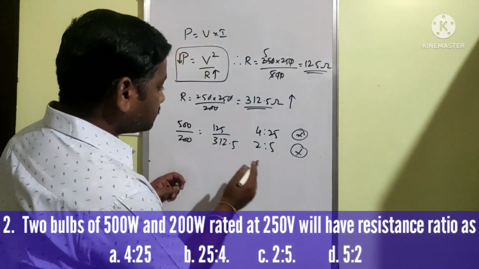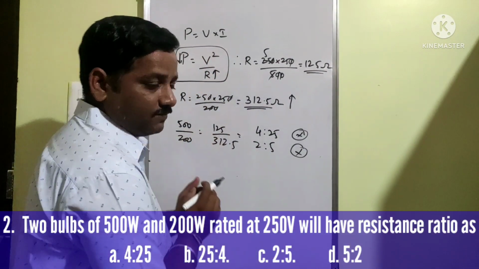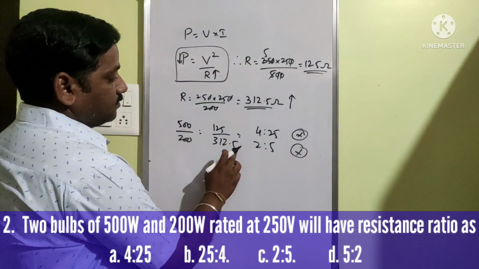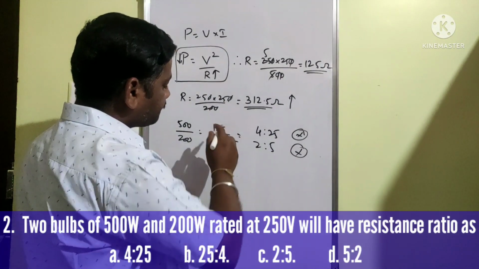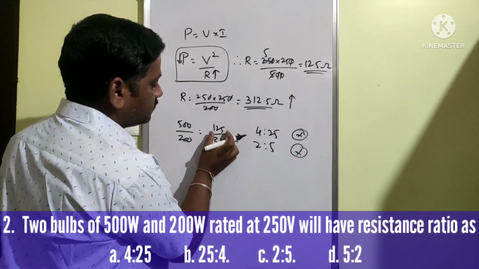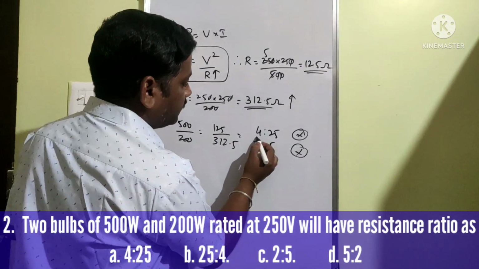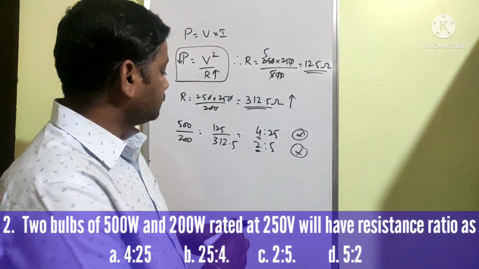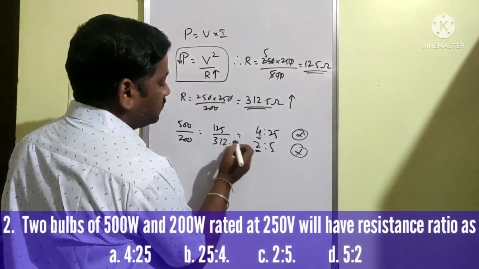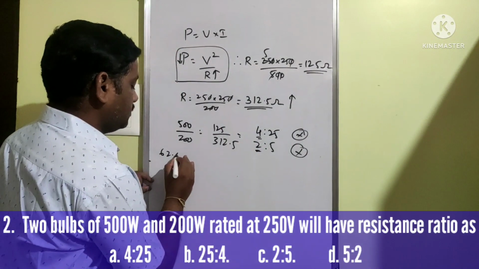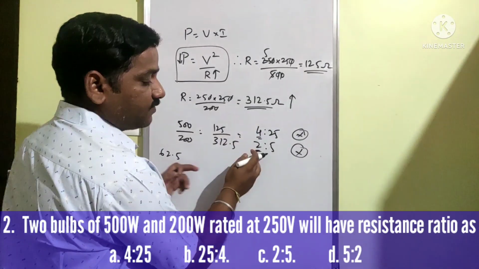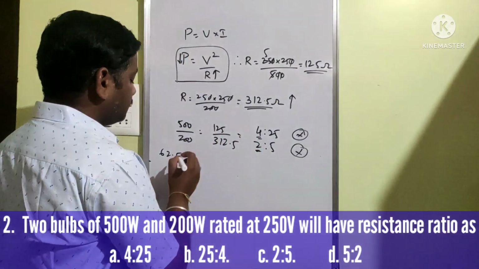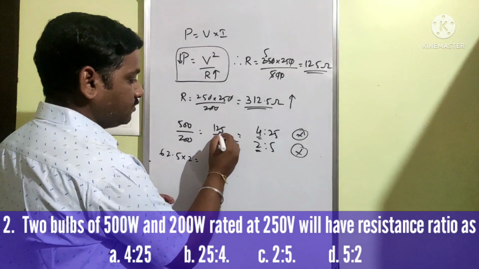Okay, now look at this data, 125. By looking at this, we can say here we have 2 and we have 4. Something divided by 4 and 25 we won't get, so we will try the smaller one. 125 by 2, we get 62.5. Once we multiply this by 2, we get 125.